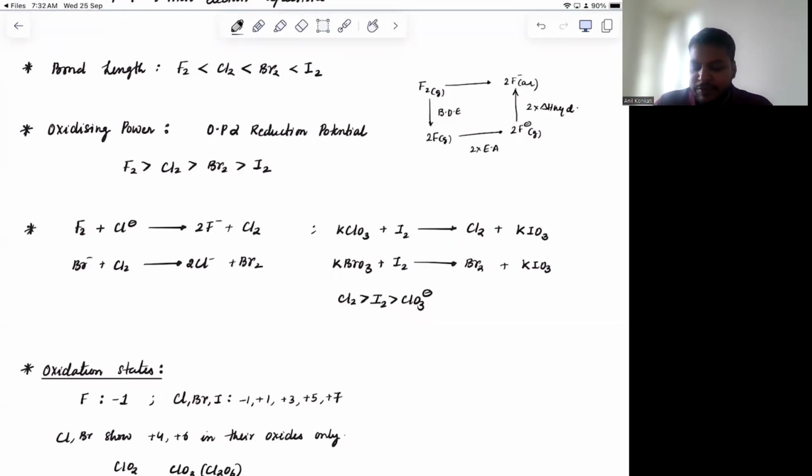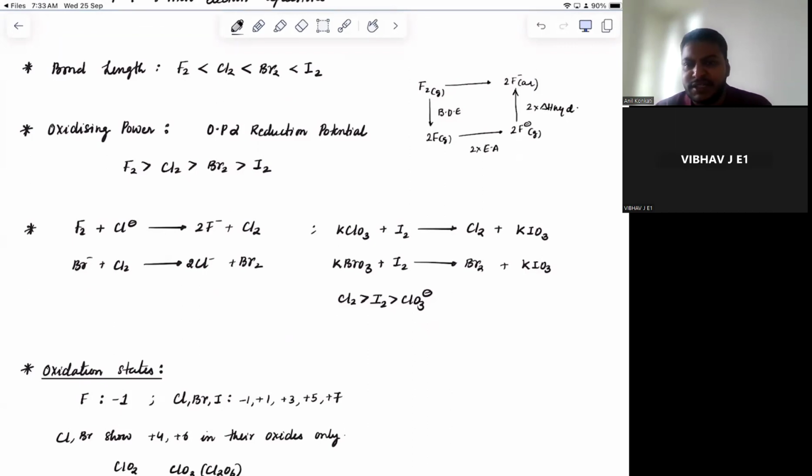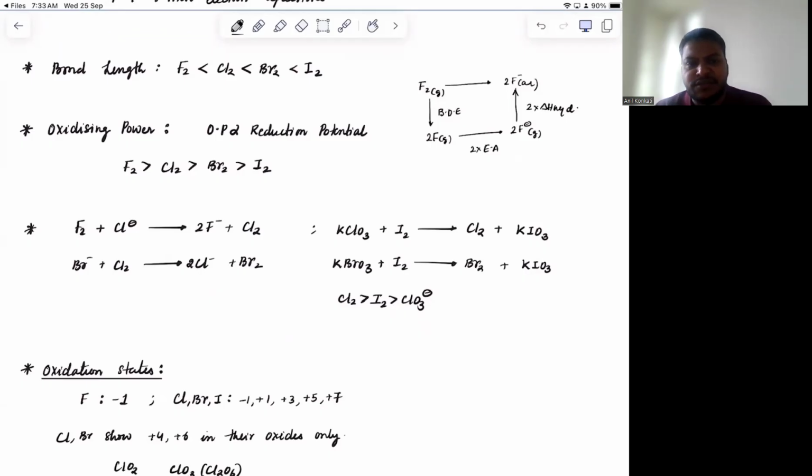So in case of F2 and Cl2, delta H of vaporization and delta H of fusion are not much involved. Correct. So if you notice, overall oxidizing power mainly has to do with the hydration. Very high hydration of F2 is the one which will help it to have stronger oxidizing potential.